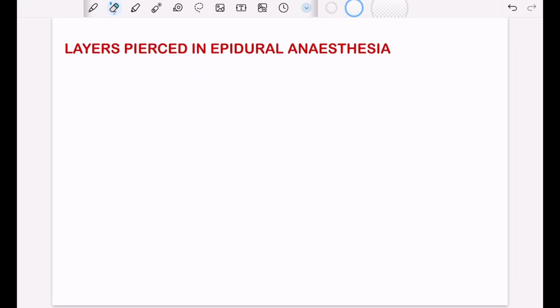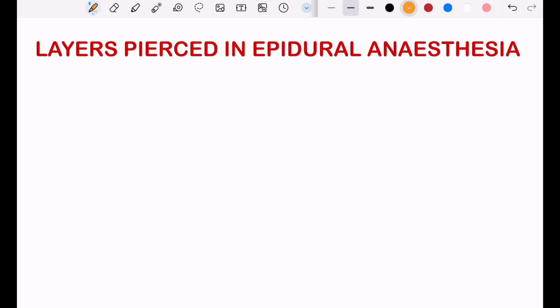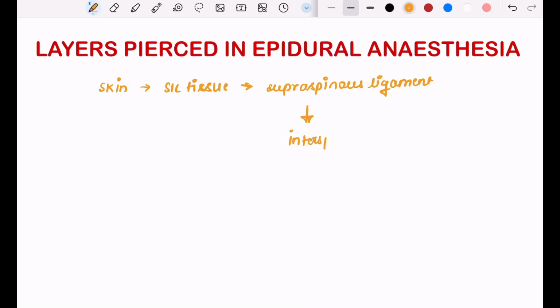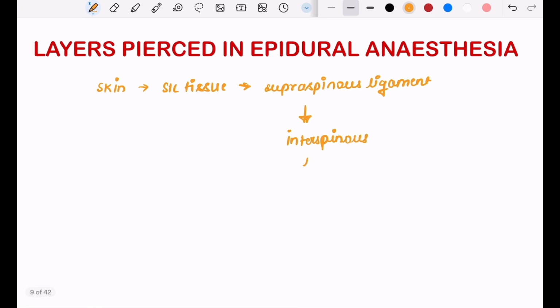For the layers pierced in epidural anesthesia, the first layer comes, which is the skin, followed by subcutaneous tissue, followed by supraspinous ligament, followed by interspinous ligament, followed by ligamentum flavum, and then comes the epidural space.